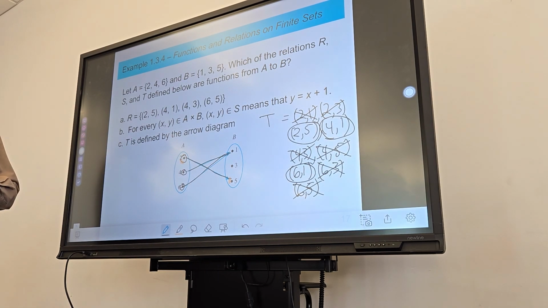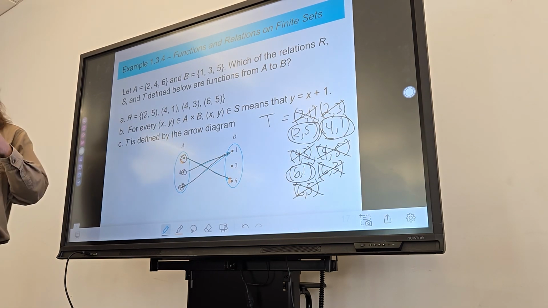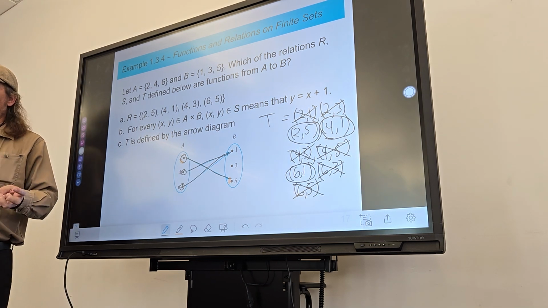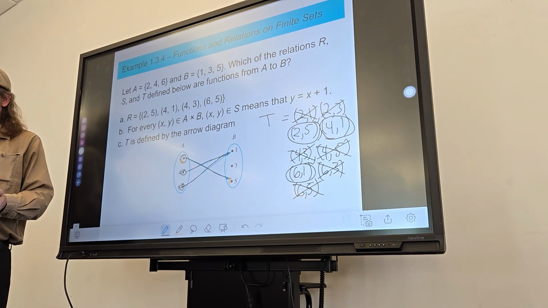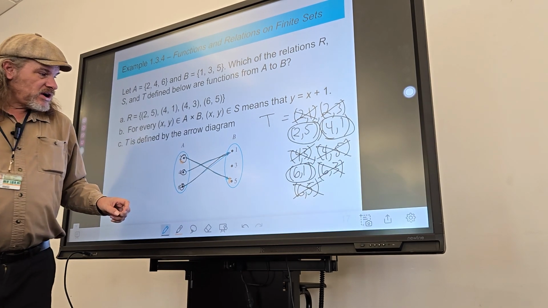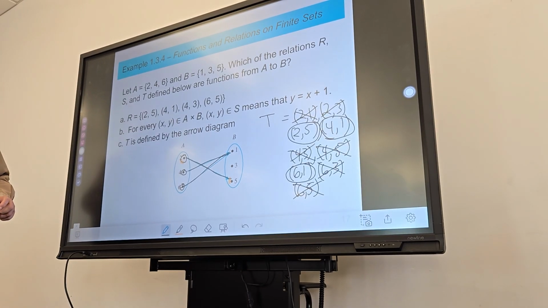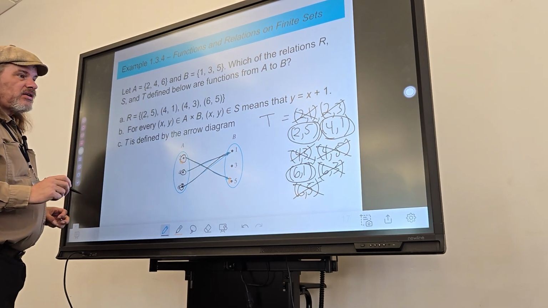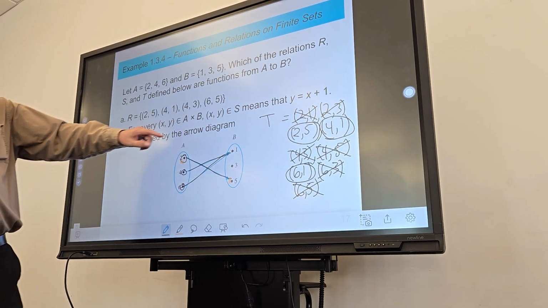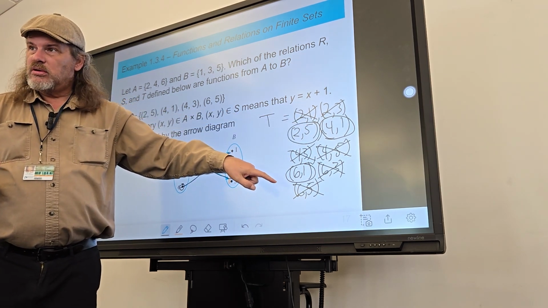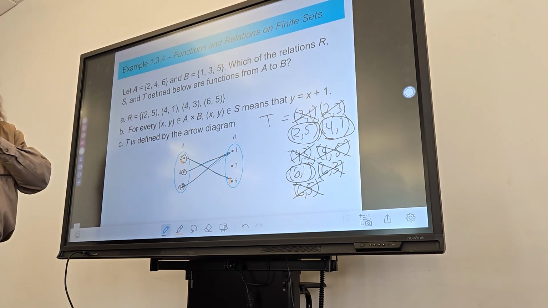That's the relation. Now, is it a function? A function is a special kind of relation, right? So for X, which is 2, 4, and 6, there is an ordered pair that contains 2, 4, and 6. So that's condition number 1 for a function.